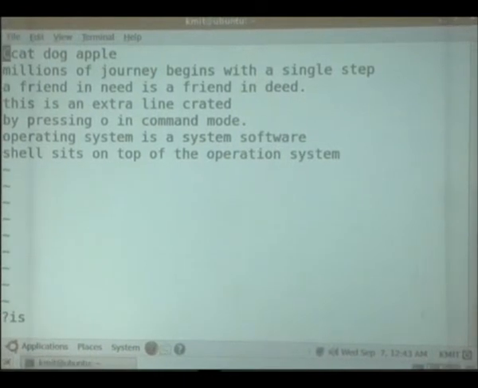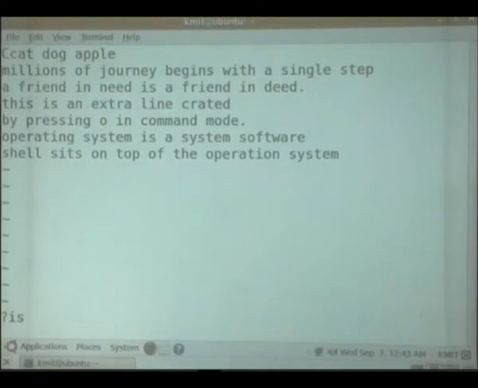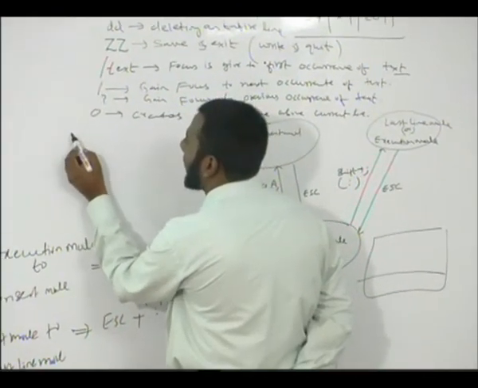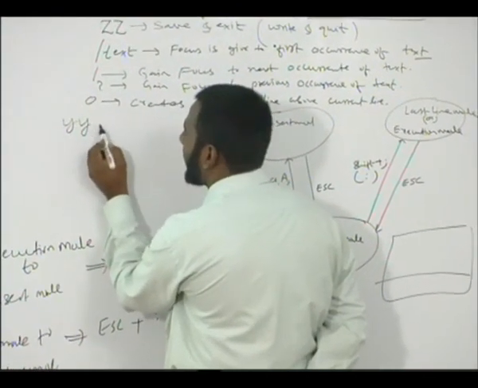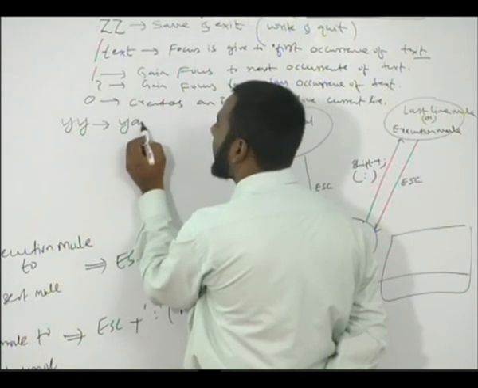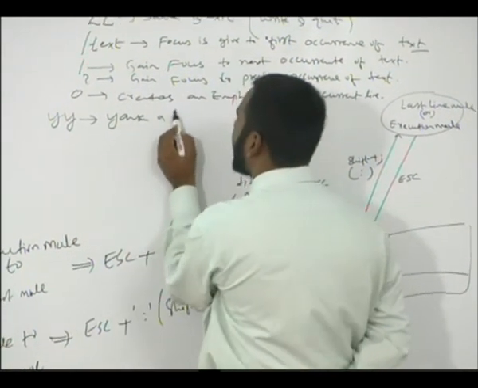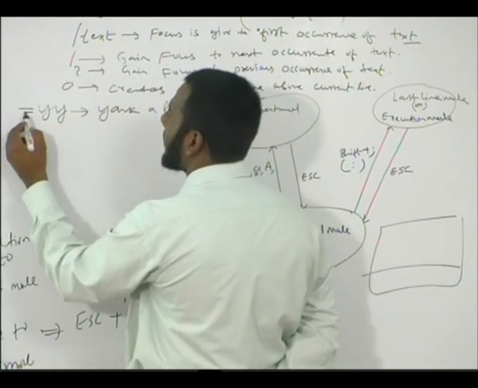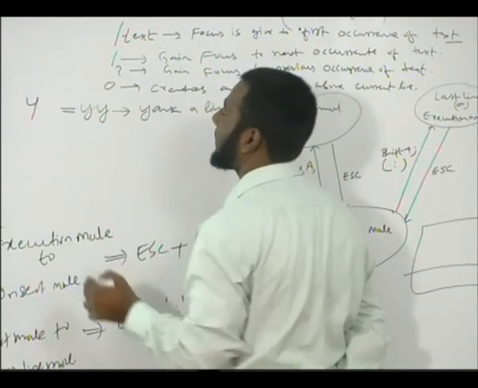There are actually two commands for copying a line. One is yy. It yanks a line. It copies a line to the buffer, and yy is the same as capital Y.